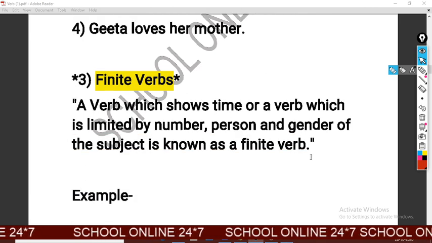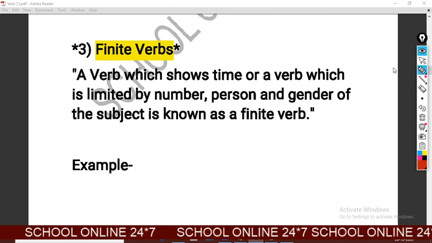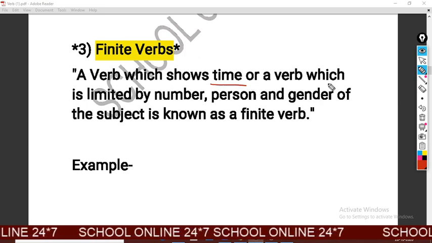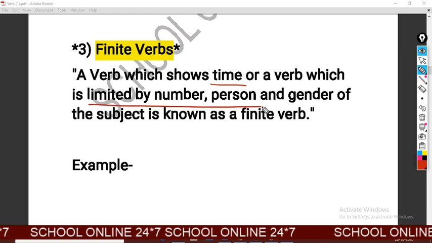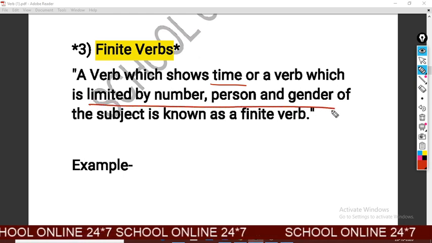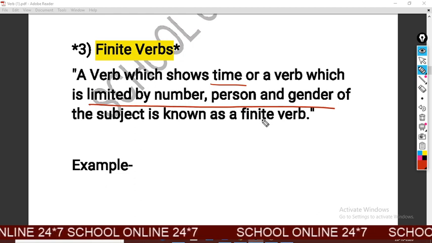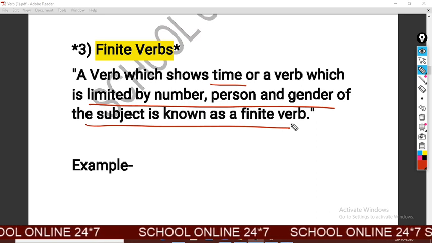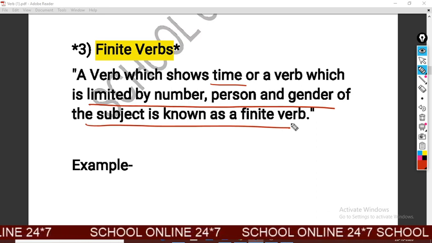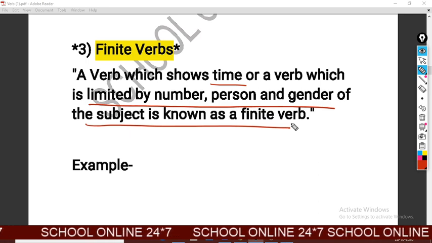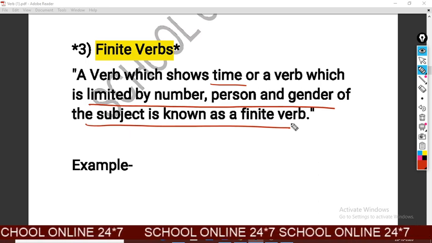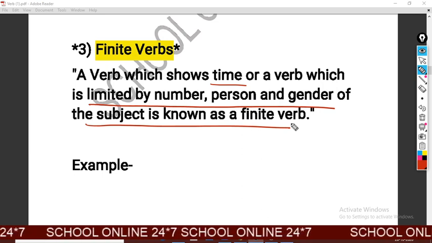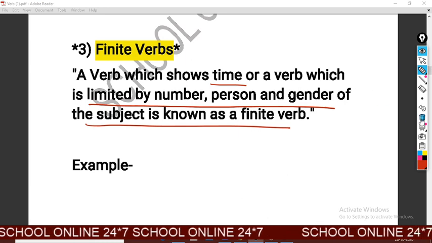Now, the third type of verb is the finite verb. A finite verb shows time, or a verb which is limited by number, person and gender, and is also bounded by the tense and the subject, is known as a finite verb. Means when a verb is bounded by time, means tense, number, person, and gender of the subject, it will be a finite verb. How? Look at the examples.